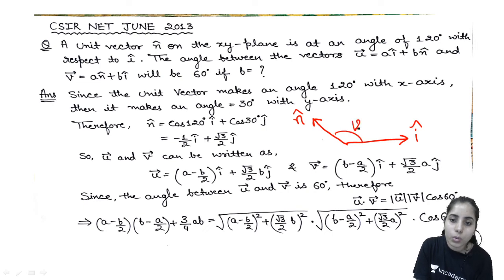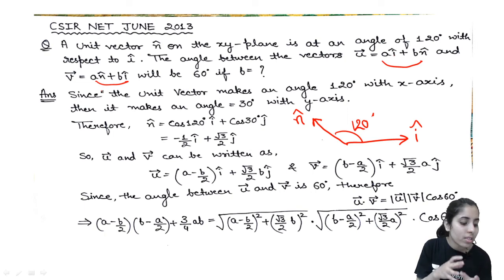The angle between the vectors u, which is a combination of i and n cap both, and v, which is again a function of unit vector n and i both. If you are having any doubt, you can just have a look at the discussion I'm going to do, it will get clear, it's easy.